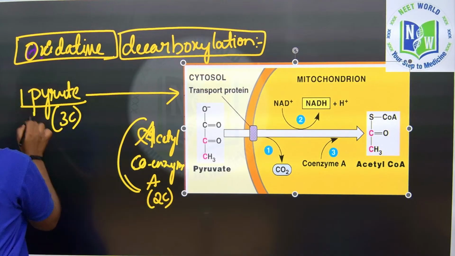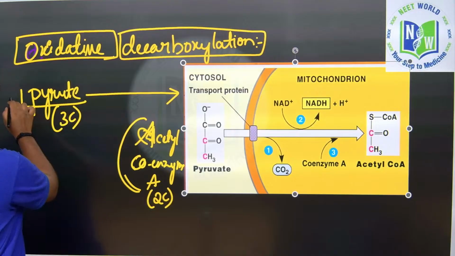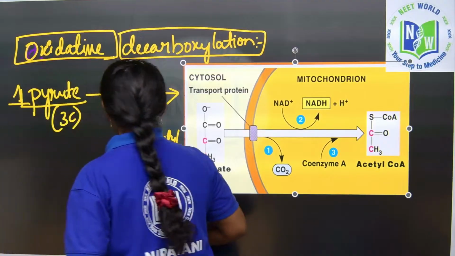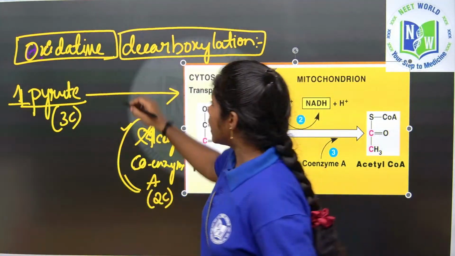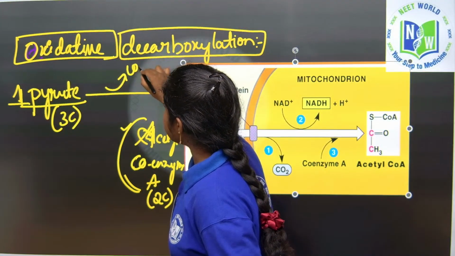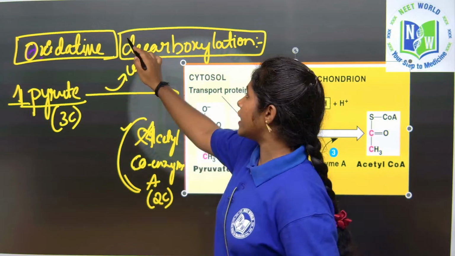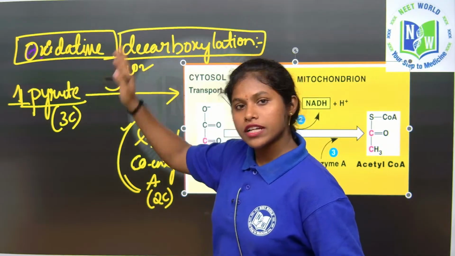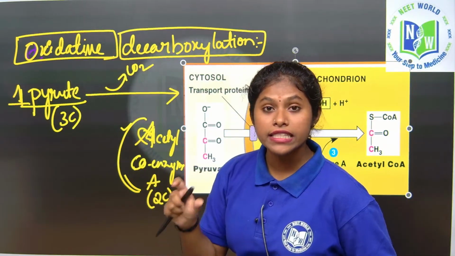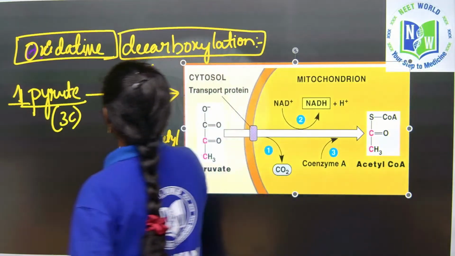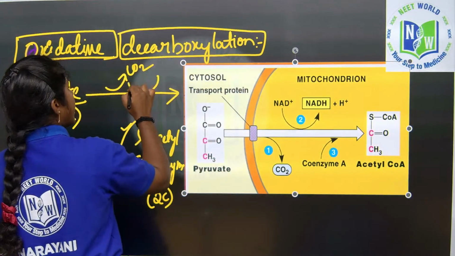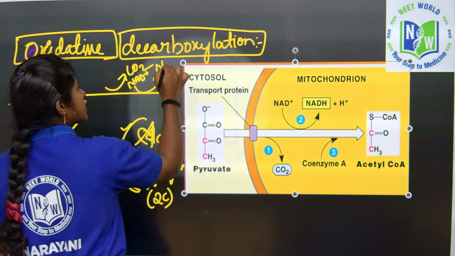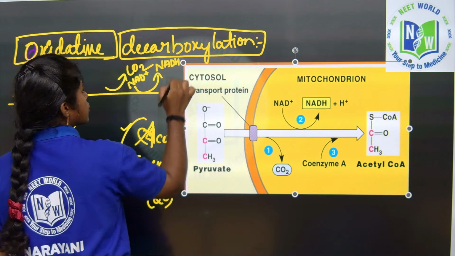So one pyruvate is a 3 carbon compound, right? When it is converting into acetyl-CoA, it becomes the 2 carbon compound, which means elimination of carbon dioxide occurs. That is why we call it oxidative decarboxylation. It is oxidative also, which means reducing equivalent is produced. What is reducing equivalent? NAD plus is reduced into NADH, right?